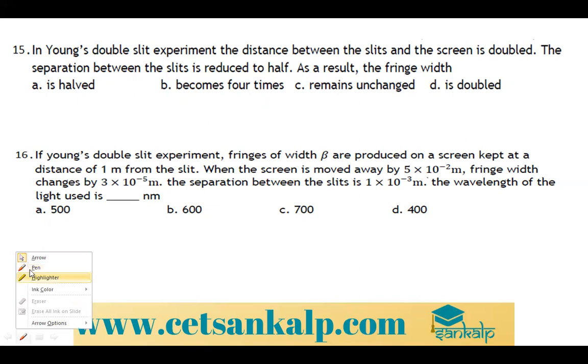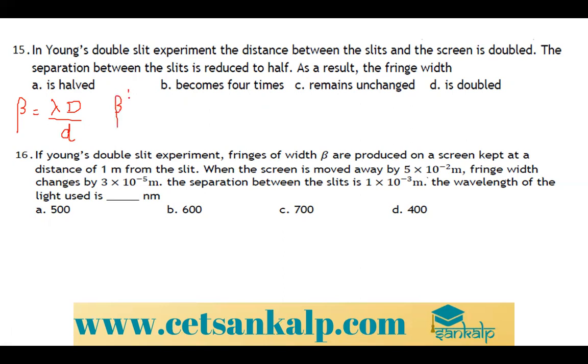So you should know that initially beta is equal to lambda D by d. This is the formula for fringe width. Now they are telling that beta dash is equal to lambda into distance is 2 times D, and this is d by 2.